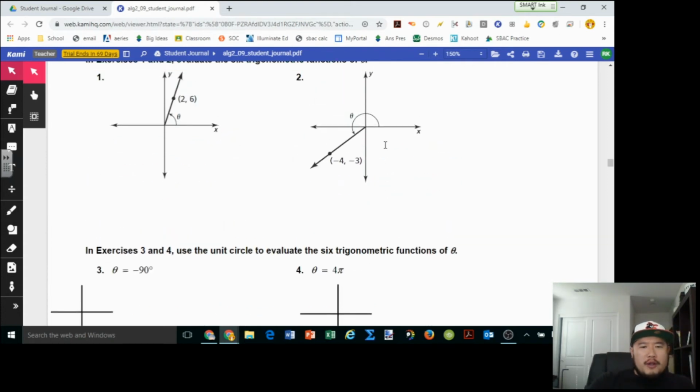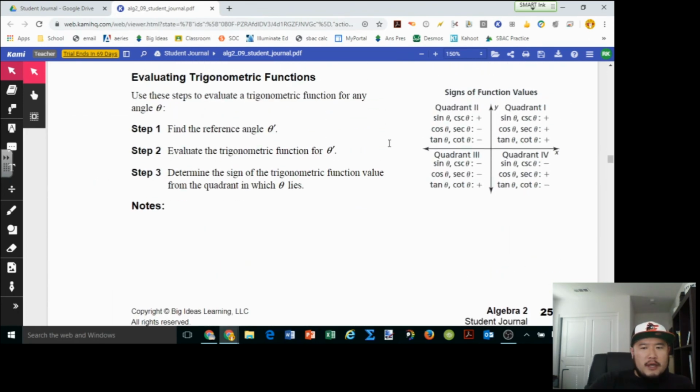The other thing that you're going to need to know in order to solve your problems for this homework assignment is, you'll notice that there are some real life application problems and there's an equation that you're going to need to use. And if you look at the book, you'll actually see the equation there as well in an example problem. But for your real life applications, you're going to need to know this.